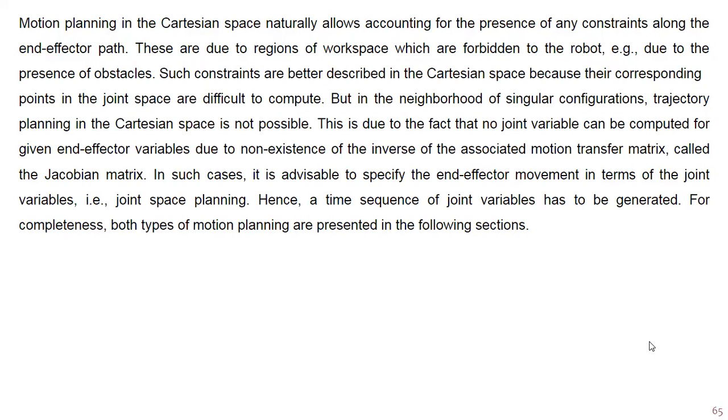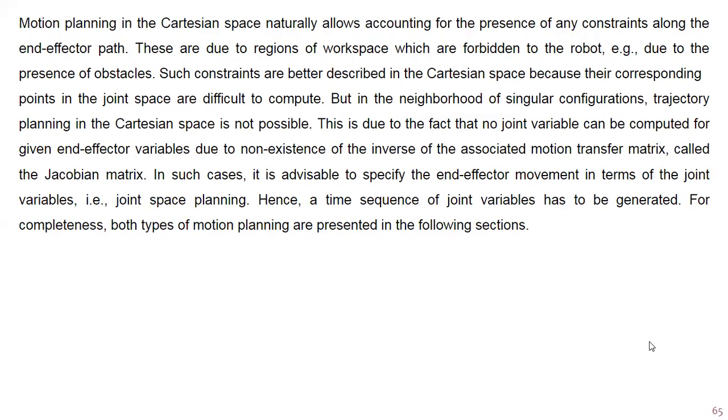But in the neighborhood of singular configurations, trajectory planning in the Cartesian space is not possible. This is due to the fact that no joint variable can be computed for given end effector variables due to non-existence of the inverse of the associated motion transfer matrix called the Jacobian matrix.